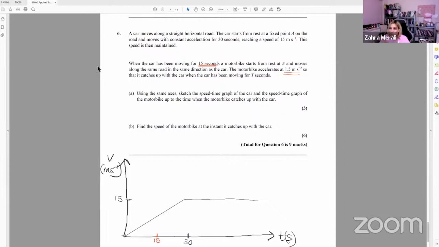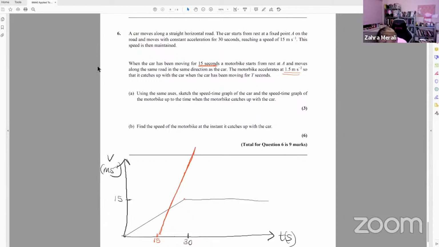If it's moving at 1.5 meters every second, in 15 seconds it'll be 1.5 times 15. So at this point here, it'll actually be bigger because it'll be 22.5. So this line here is going to go like that, and we don't know how far it keeps going up for. It might keep doing that because it just keeps accelerating.